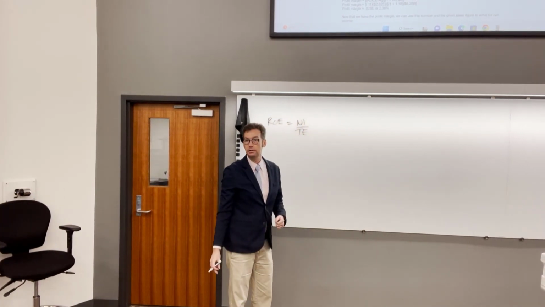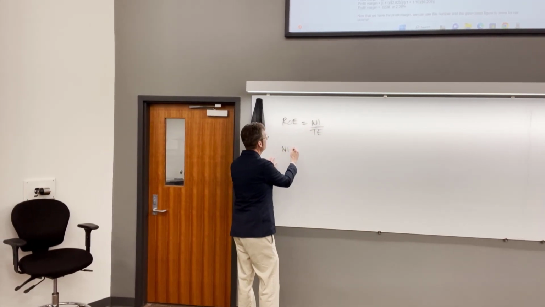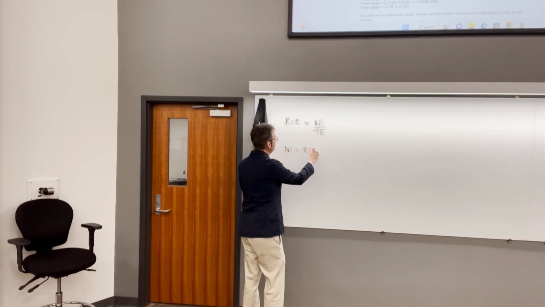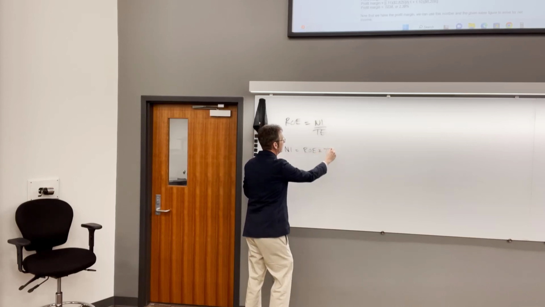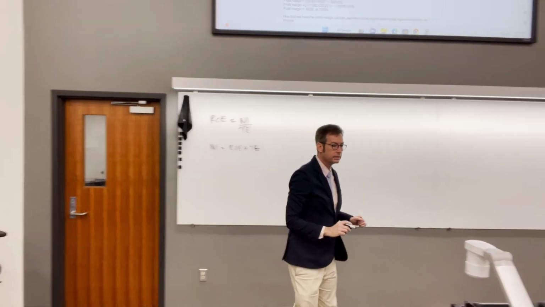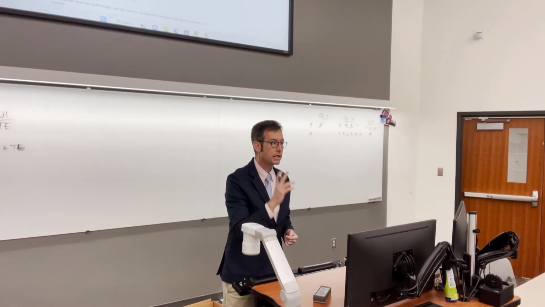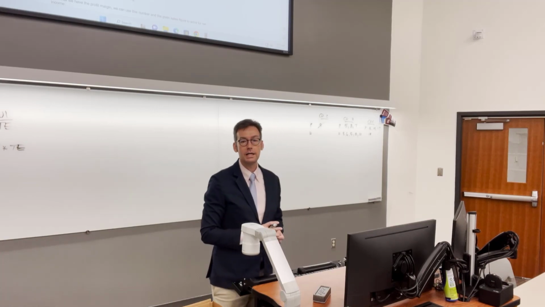Does that sound right? Okay, now we can rearrange that to net income is equal to ROE times TE. And so if they gave us the total equity, this would be really easy because they gave us ROE, right? But did they give us total equity? No, they give us total assets.